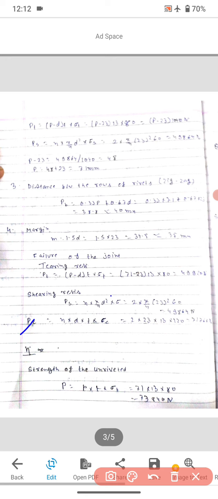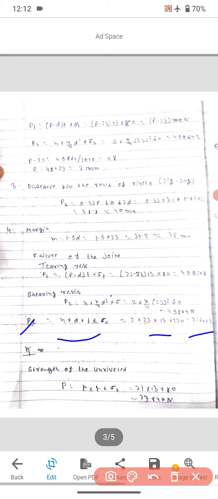The formula is n multiplied by d into t into sigma c. Since it is double riveted, n is 2, multiplied by 23 multiplied by 30 into sigma c, which is 120, and your value will be 71766 Newton.